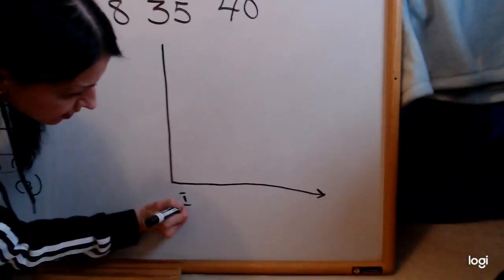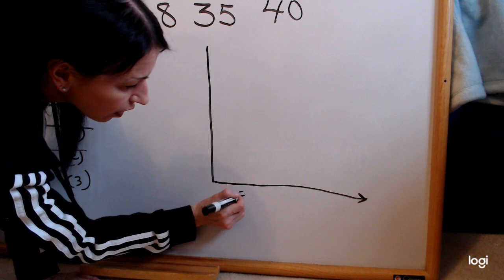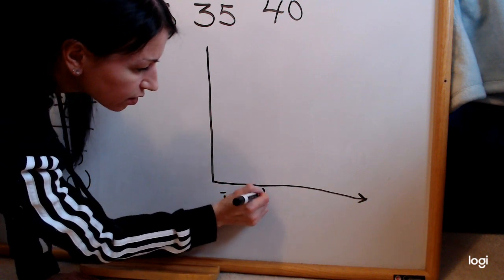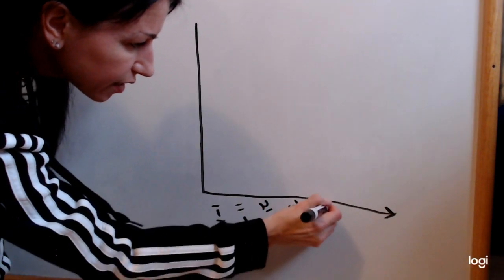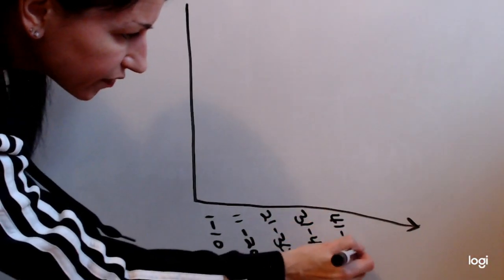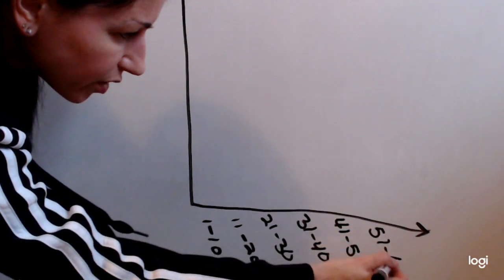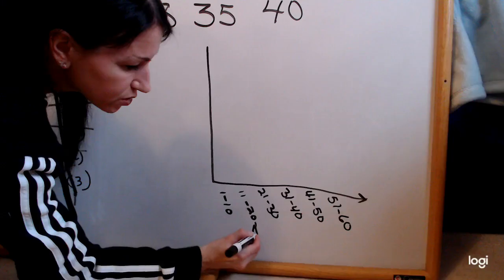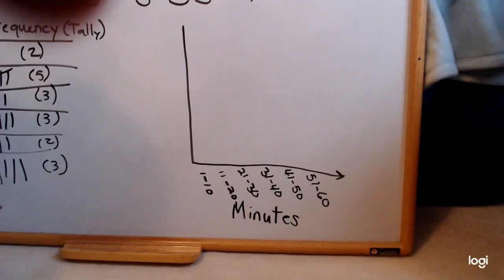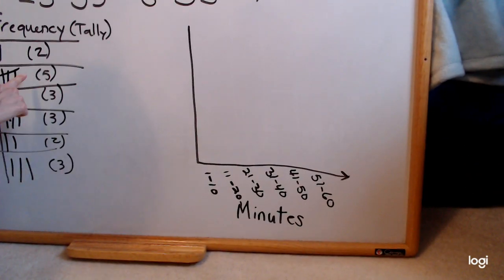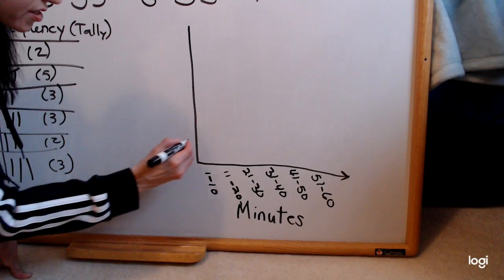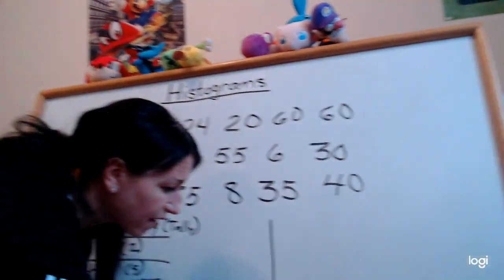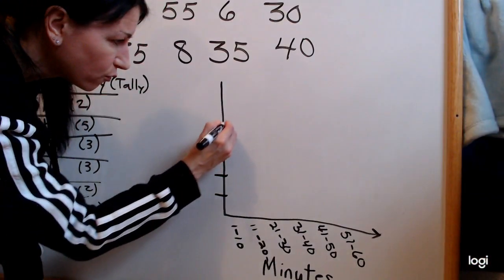So this is 1 to 10, 11 to 20, 21 to 30, 31 to 40, 41 to 50, 51 to 60, and those I'm going to label, those are minutes. They're the minutes it takes everyone to get ready. And my highest number is 5 on my y-axis, so I'm just going to make my y-axis go from 1 to 5. 1, 2, 3, 4, 5.